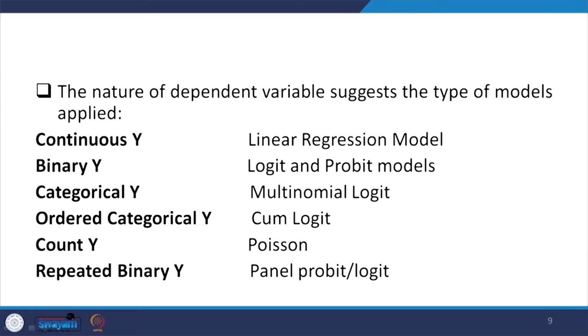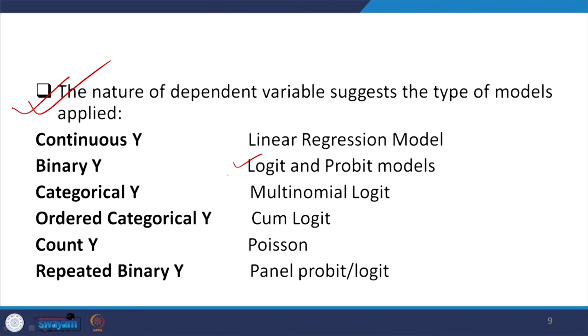The nature of the dependent variable suggests the type of model applied, and please take note, in my knowledge this is the most important guidance from today's lecture: if your y, that is the dependent variable or the explained variable, the regressand, is continuous, you should apply a linear regression model.